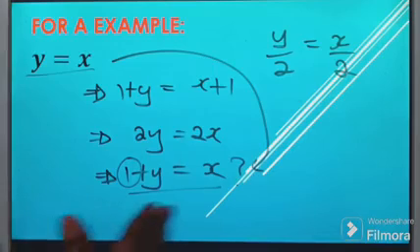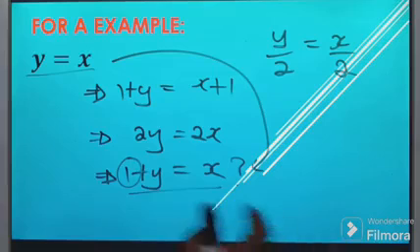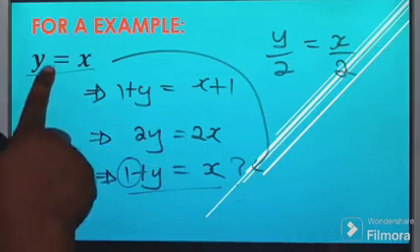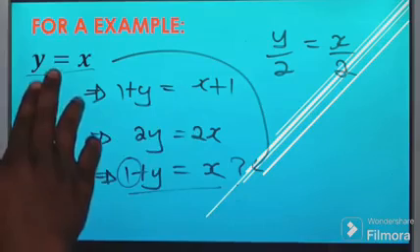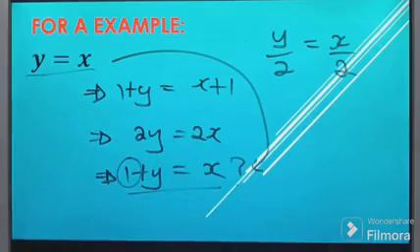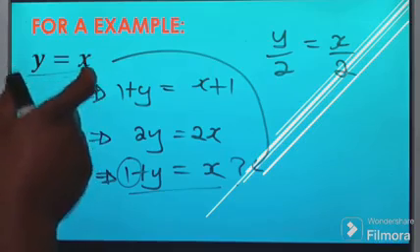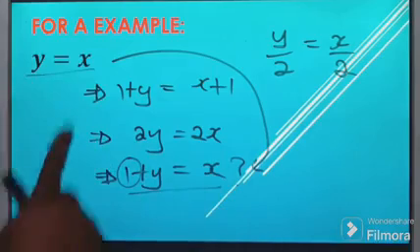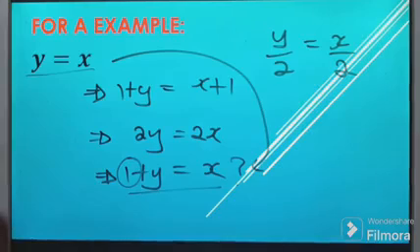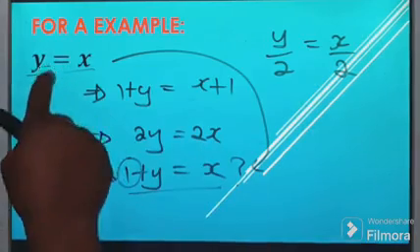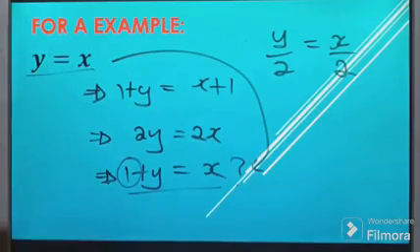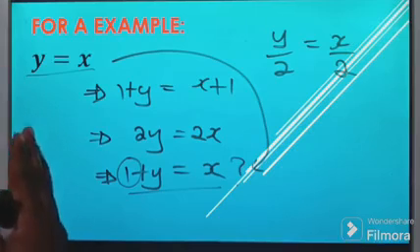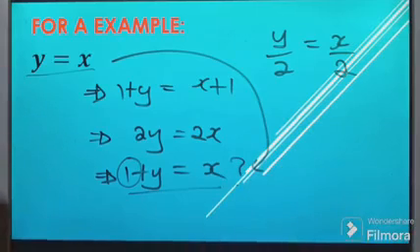If you do not do the same, it means you are not maintaining the equality of the equation, you are not balancing it. It means you have changed the equation you were given at the beginning. So whatever you do on the left hand side, you should do the same thing on the right hand side.